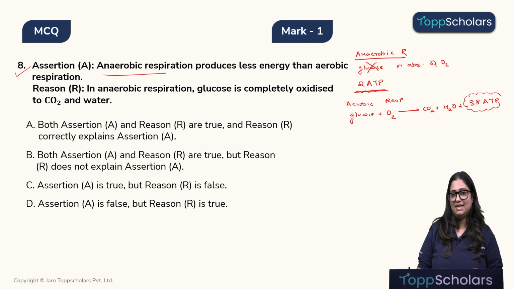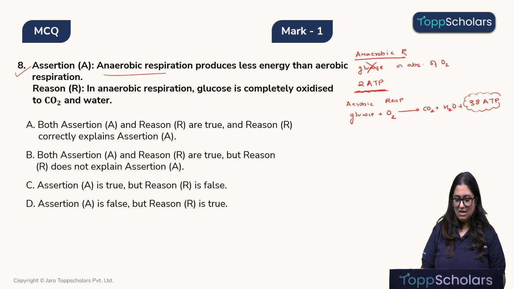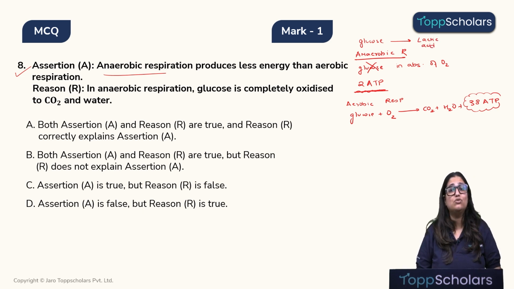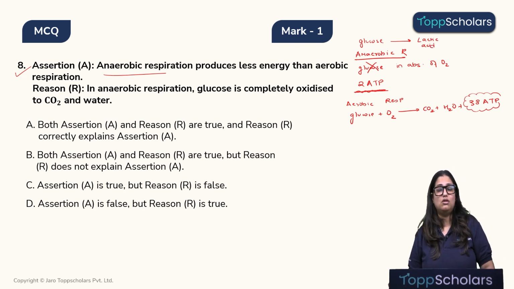Okay, so assertion is correct. Now the reason that they have given to explain why this is the case is that in anaerobic respiration, glucose is completely oxidized to CO2 and water. Now children, this is incorrect. In anaerobic respiration, children, the glucose is broken down into lactic acid. That is, for example, a muscle cell struggling to contract even with no availability of oxygen, or it can be broken down into alcohol in certain microbes.